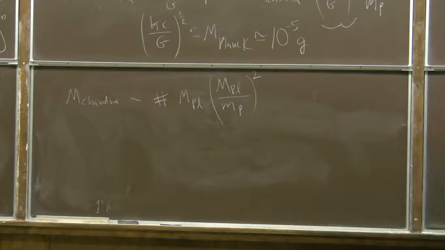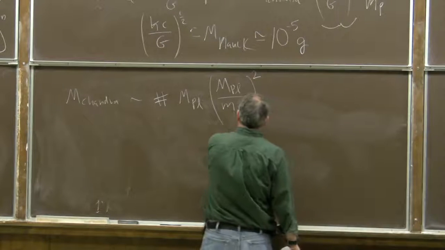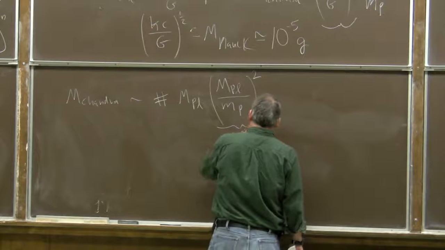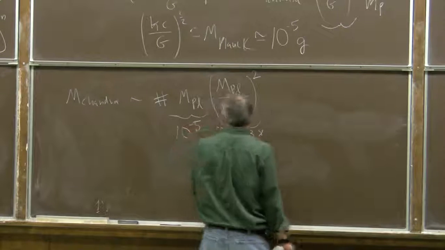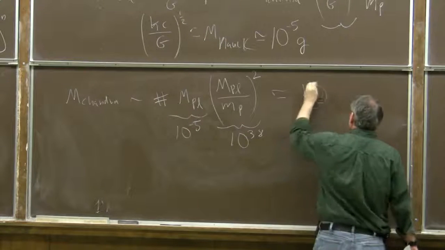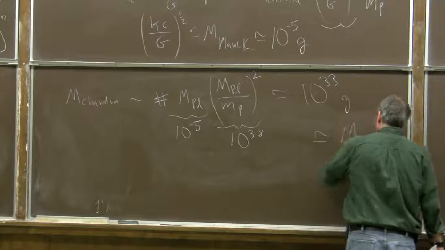Since the proton mass is 10 to the minus 24 grams, that ratio is about 10 to the 19. When I square that, I get 10 to the 38. And this is 10 to the minus 5 in grams. So this turns out to be about 10 to the 33 grams, or about the mass of the sun.